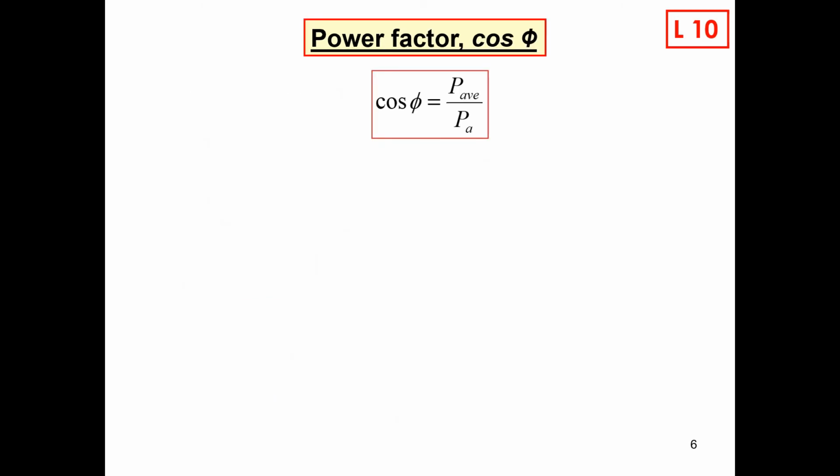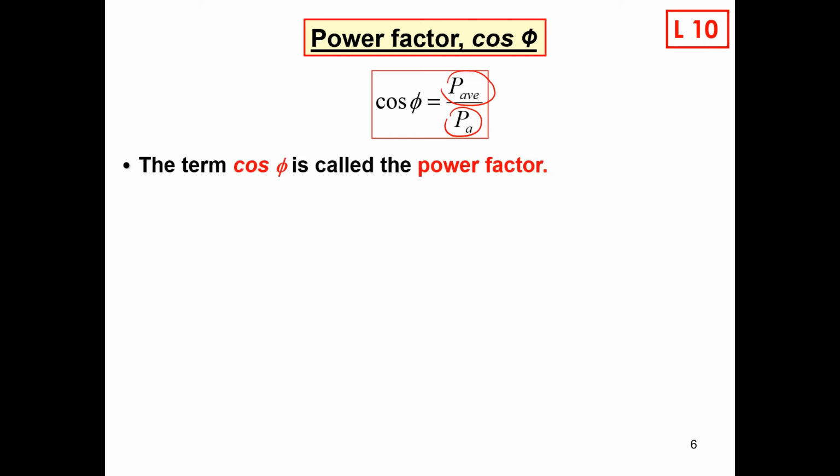The last part for this chapter, alternating current, is power factor. Power factor is denoted by cos phi. The equation for cos phi is equal to the average power over the apparent power. It is the ratio between the average power and the apparent power.